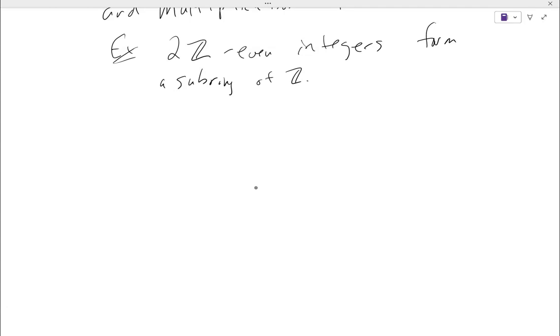What other relationships maybe? Do you think of a subring of the rationals? The integers will work. Yeah, the integers will be a subring of the rationals. Good. Do you think of something bigger than the reals, of which the reals are a subring?